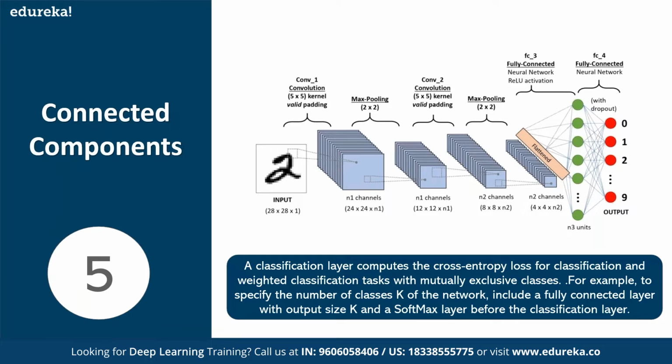At the end, I will have a flattened layer which will help me to convert the data which is in multiple dimensions into a single dimension. This flattened data is connected to a dense layer, which overall helps me in getting the image features and also processing with the help of the dense network. And at the end, we will have an output layer. So this is how a typical convolution neural network is structured.